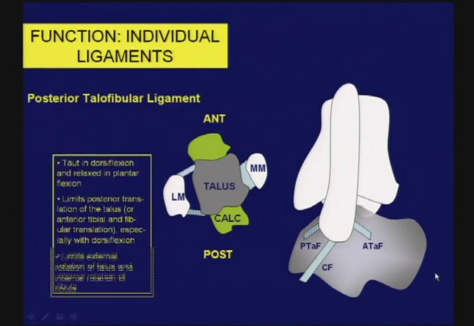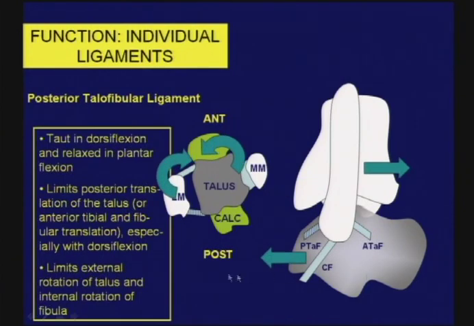The posterior talofibular ligament is taut in dorsiflexion. Its functions are to limit posterior translation of the talus or anterior translation of the tibia, and in addition, it limits external rotation of the talus or internal rotation of the fibula.